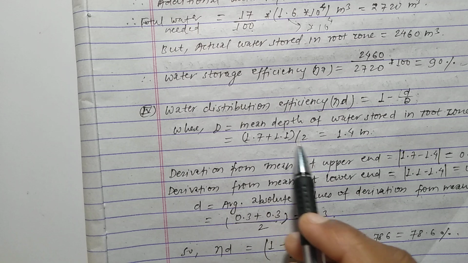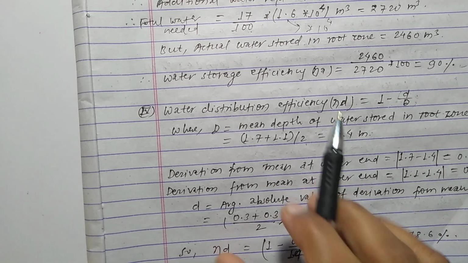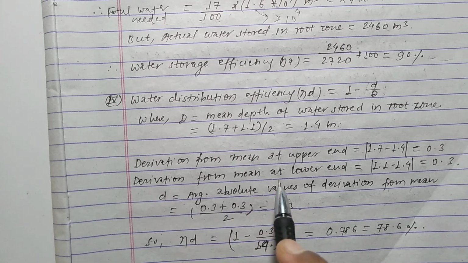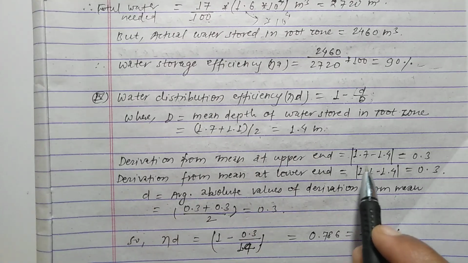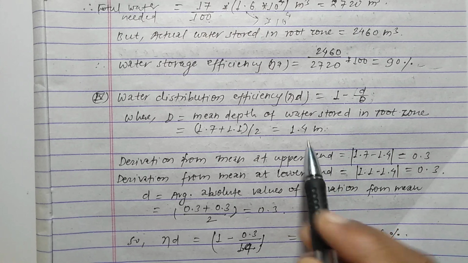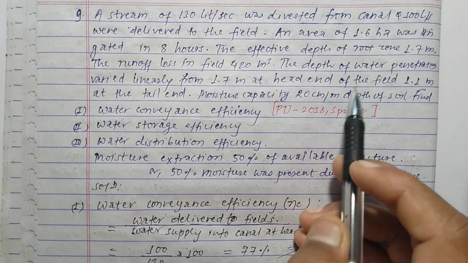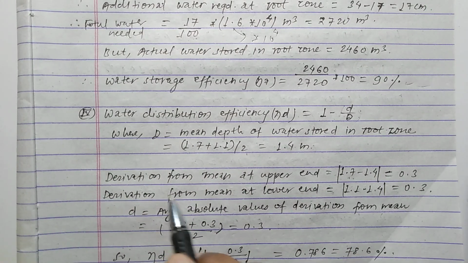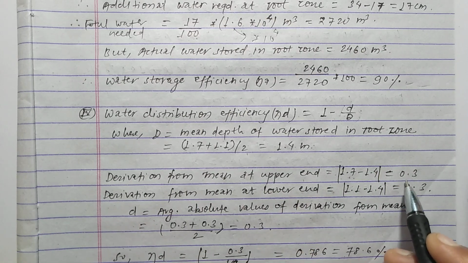So we take 1.7 plus 1.1 by 2, and the value becomes 1.4 meter. Now the deviation from the mean at the upper end equals 1.7 minus 1.4, and after subtracting, the value becomes 0.3.